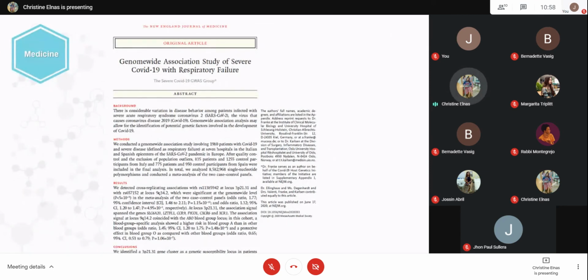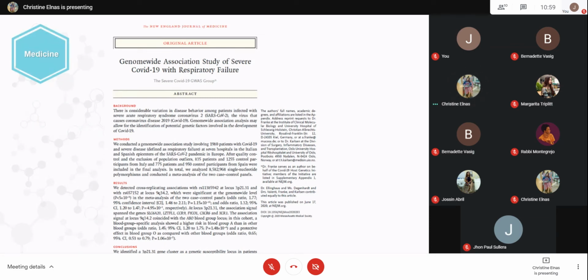Since there has been a considerable variation in disease behavior among patients infected with SARS-CoV-2, this study is significant.